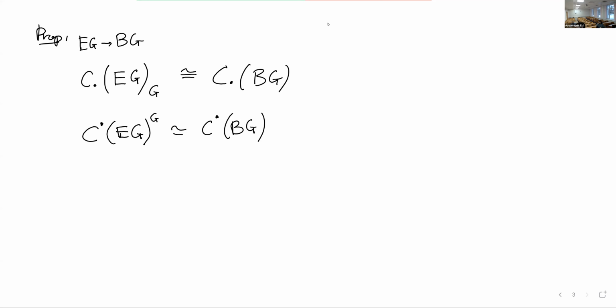The objects are the points of G, and the arrows are elements of G. It depends on whether one considers right or left multiplication. Let's choose one or the other, and then there's an arrow from h to gh in this direction.